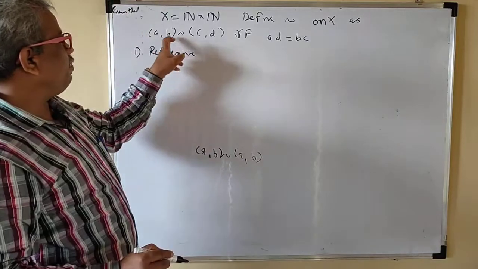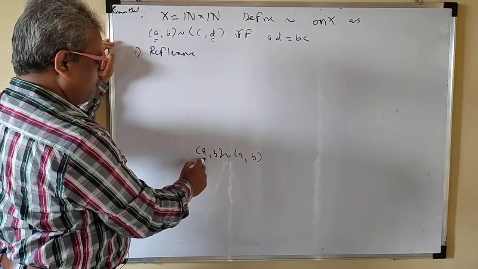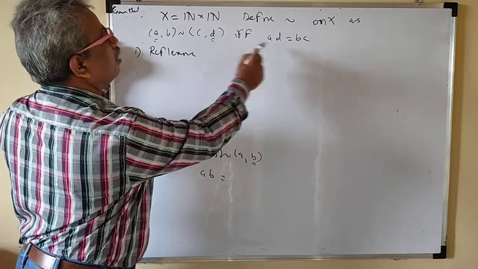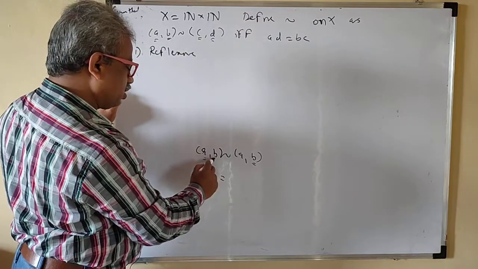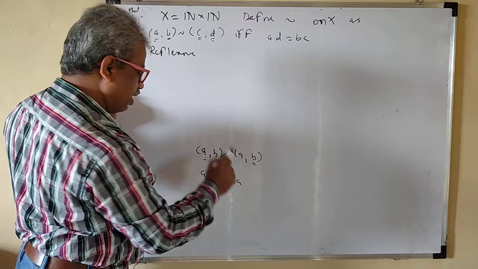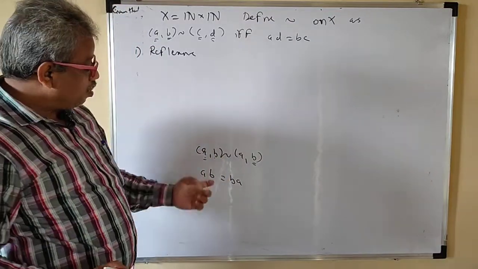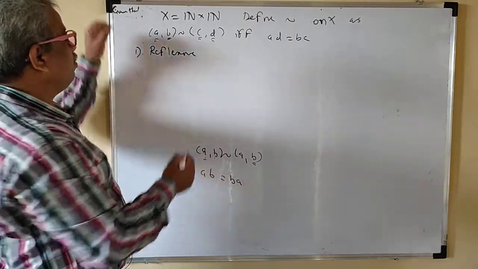So how is (a, b) related to (c, d)? ad is the product of the first and the second, and bc is the second into the first. For (a, b) with itself, this is ab equal to ba. This is true because a and b are natural numbers, and the product of two natural numbers commutes.